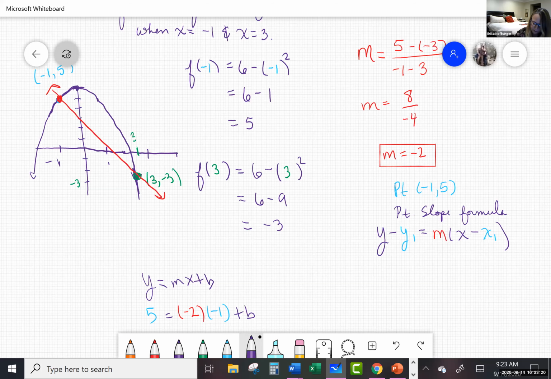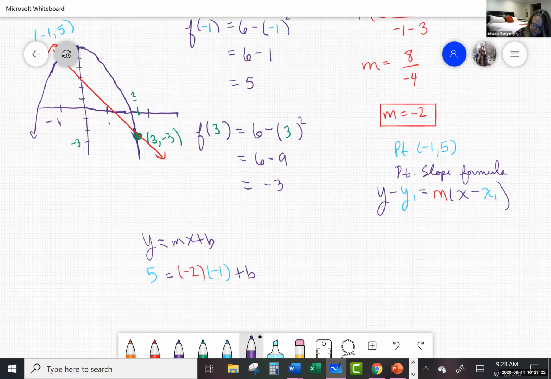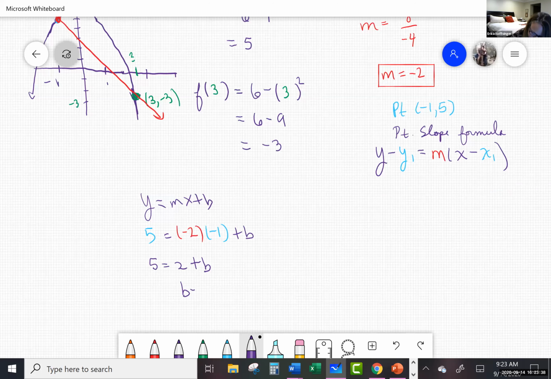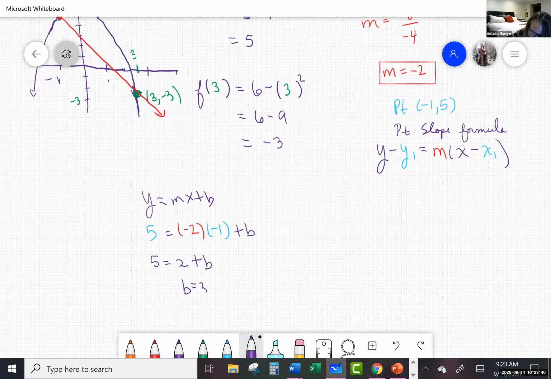So if I solve for b here, I have 5 is equal to, well, -2 times -1 is +2 plus b. To isolate b, I would subtract 2 on both sides of my equation. Well, 5 minus 2 is 3. So b is +3. My slope is -2.